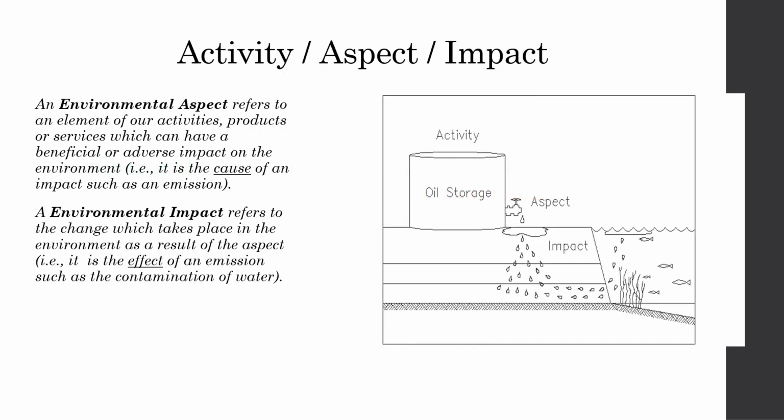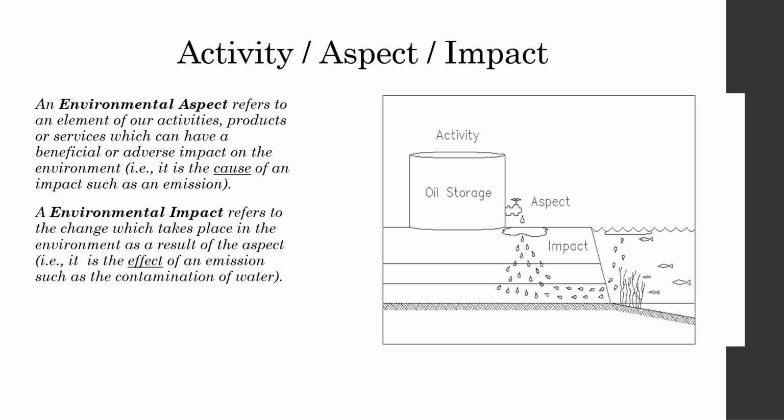Okay, so here's a good example. The activity is the storage of oil. When we store oil, we have to deliver oil, and we have to disperse oil from the tank. So potential aspects could be a leak or a spill from the tank.